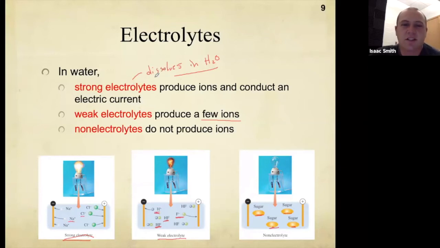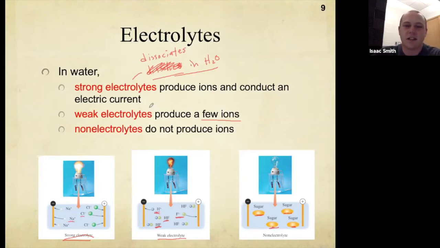So for strong electrolytes, something that completely, I shouldn't say dissolves, sorry. Erase that word in your notes. What I meant to write was dissociates, okay? So something that completely dissociates or separates into ions is a strong electrolyte.